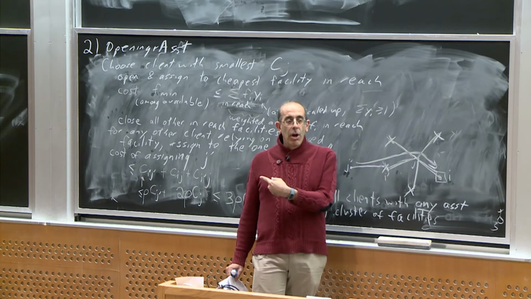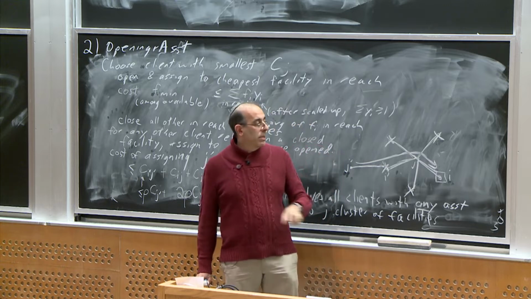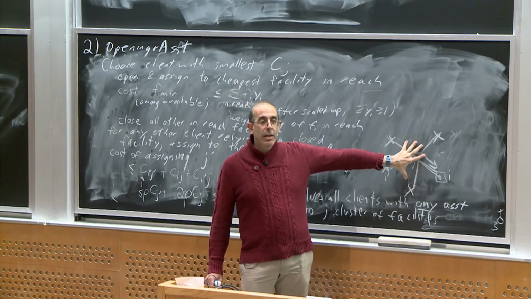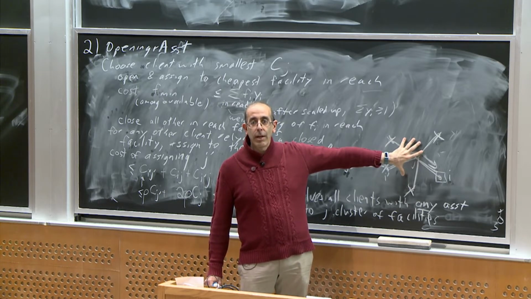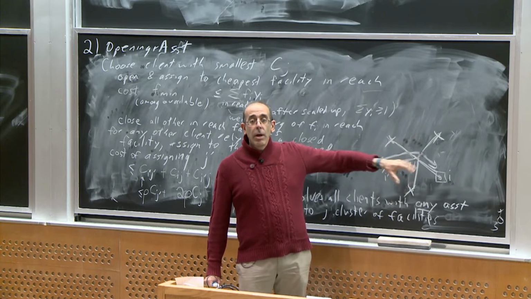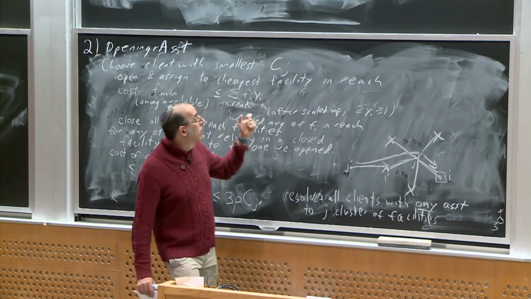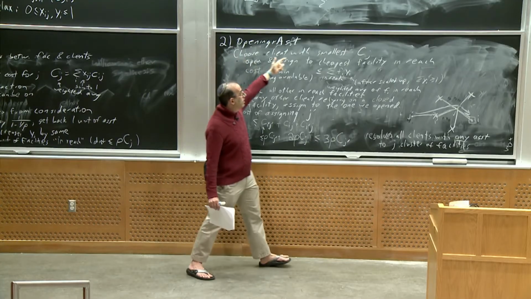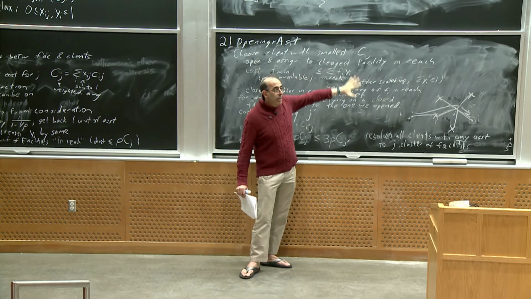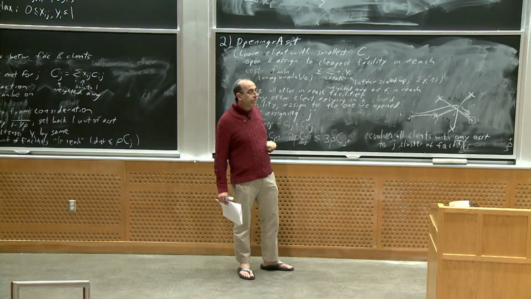All of their fractional assignment is to facilities not in this cluster. If they were assigned at all to a facility in this cluster, they would have been taken care of already. So I can just go back and pick the next client that hasn't been dealt with, that has the smallest remaining Cj, and apply this procedure all over again.